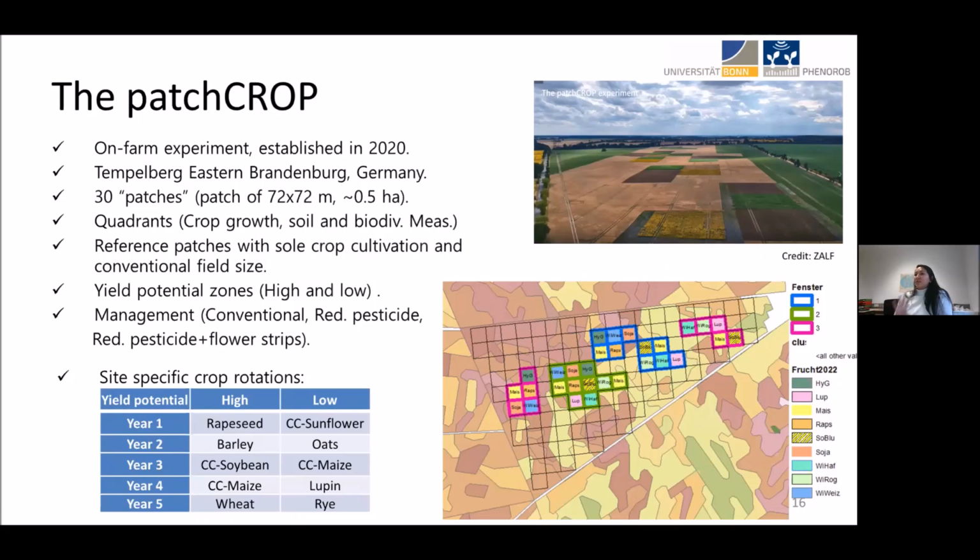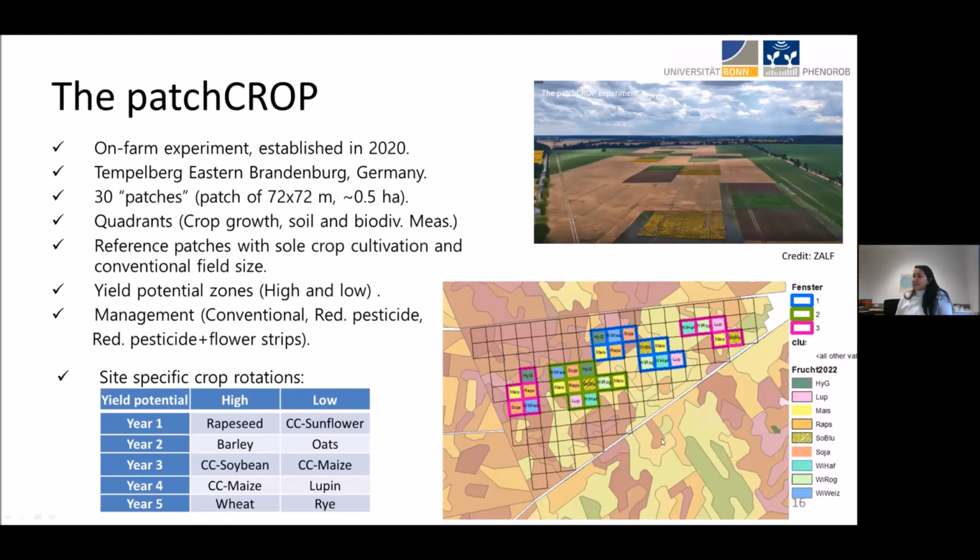There's a quadrant where the crop growth measurements are taken, another one where the soil measurements are taken, and the third one where the biodiversity measurements are taken. And then there's a fourth one that is available for new research questions. In addition to this, we also have different reference patches around this field.